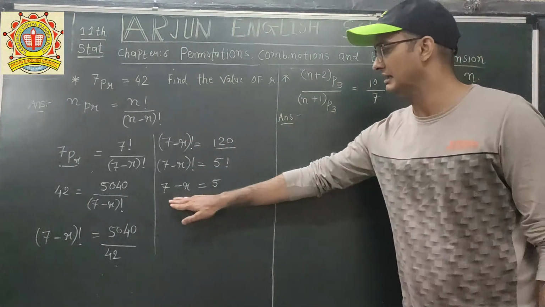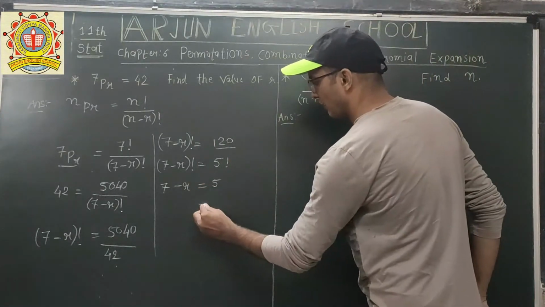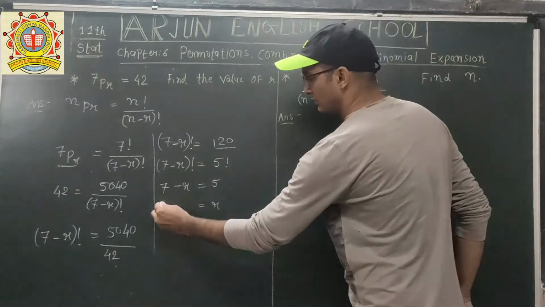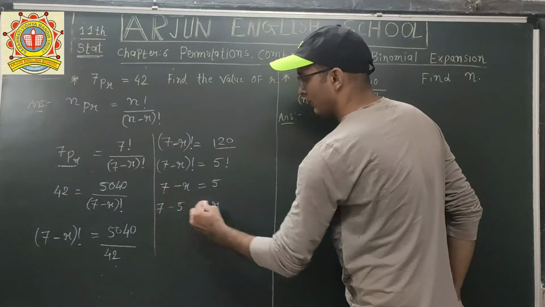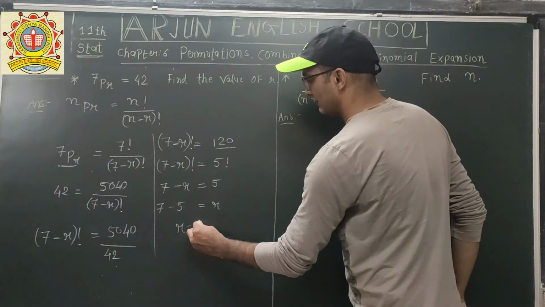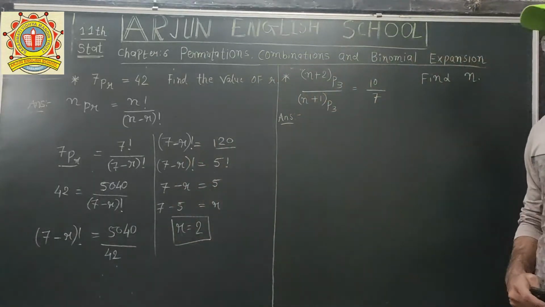So 7 minus r is equal to 5. This r goes to the opposite side as positive r, and this 5 goes to the opposite side as negative 5. So 7 minus 5, so r is equal to 2. The value of r comes to 2.